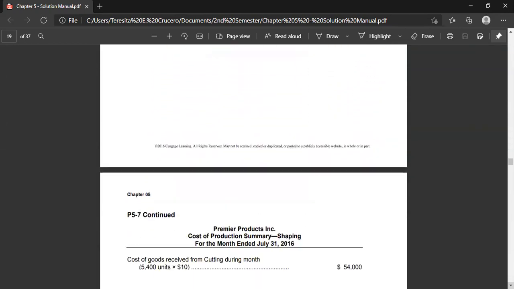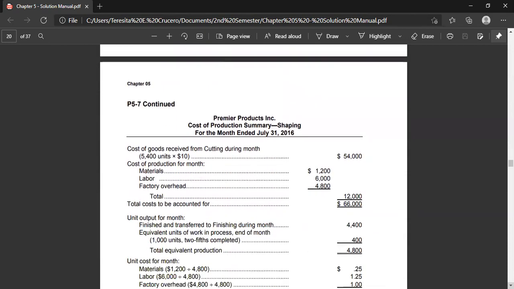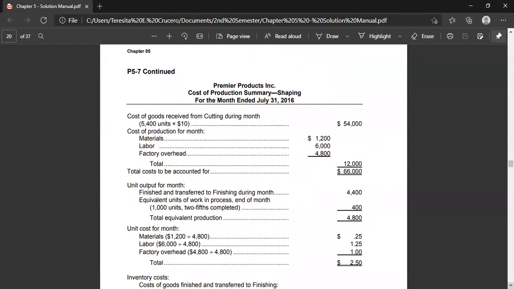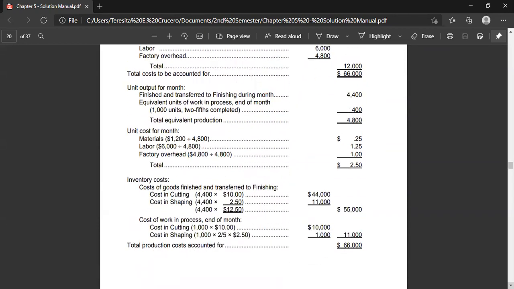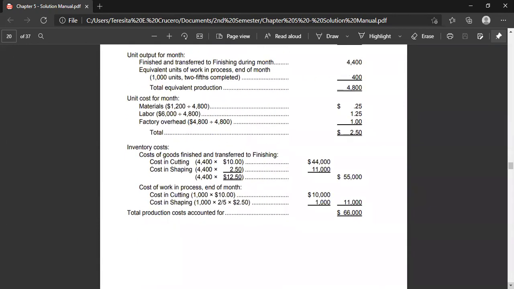Then we have here the cost production summary in the shipping department showing the cost per unit during the month, and we have the breakdown of the units as they will be affected by the equivalent production. So in 5-8, journal entries and cost of goods manufactured statement required.